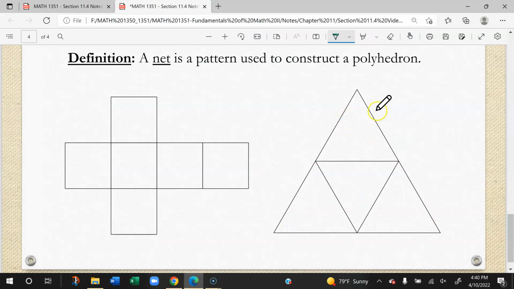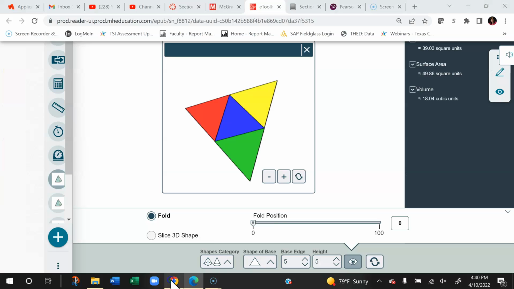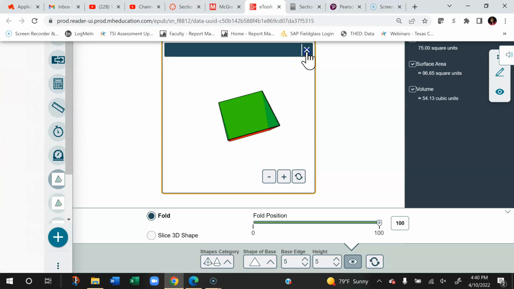So we have this. The middle part is your base. So like this right here would be my base. These two sides would fold up, and then this would fold up and over. So this would be kind of like a cube here. And I'm going to get rid of those right there.